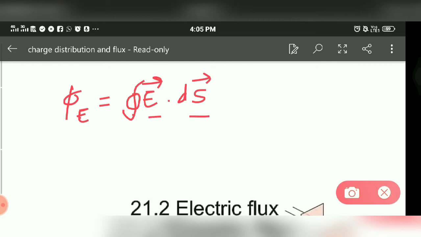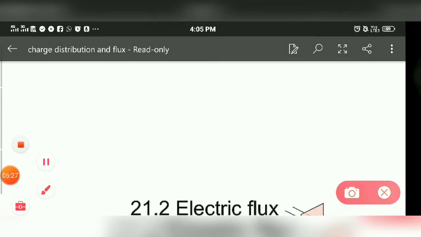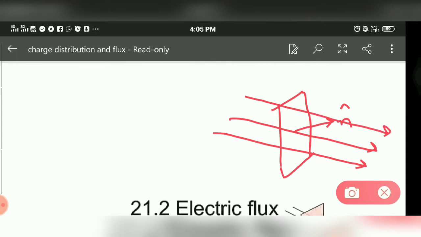So E dot ds. Suppose this is the surface, this is the normal n cap, and this is the direction of the electric field passing through it. Suppose the electric field is making an angle theta.